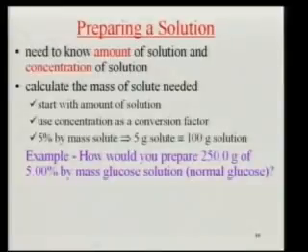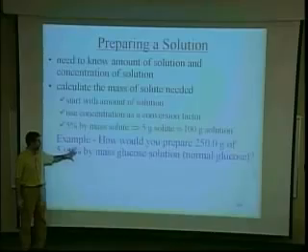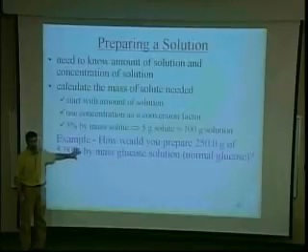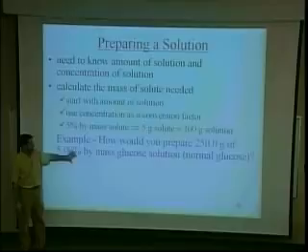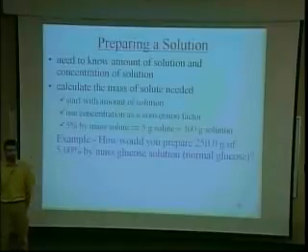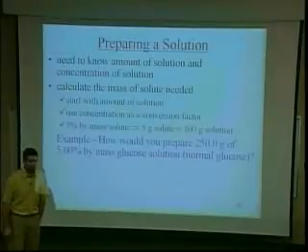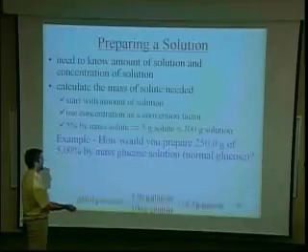So how do I figure out how much sugar I want to put in? I want 5% by mass glucose. So 5% in terms of grams compared to the total grams of the solution. So 5% by mass, you would have to figure out what's 5% of this total situation.